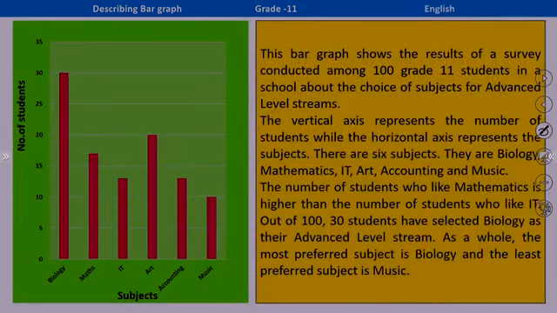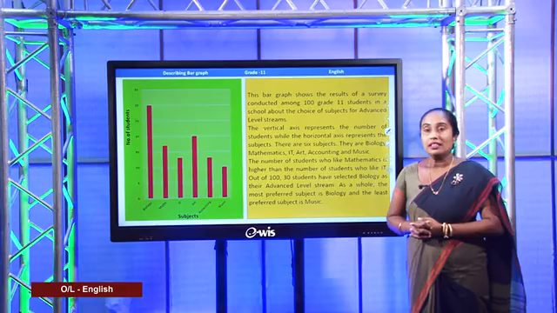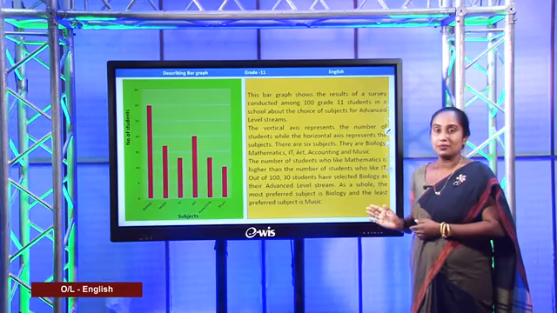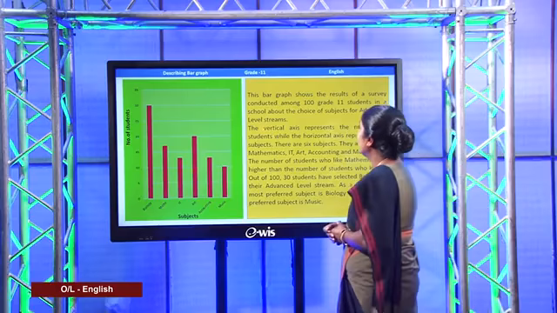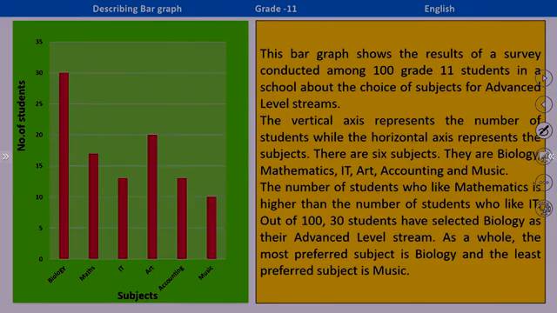Hope you have completed your writing. Here I have given a description. Let's read it. This bar graph shows the results of a survey conducted among 100 grade 11 students in a school about the choice of subjects for advanced level streams.